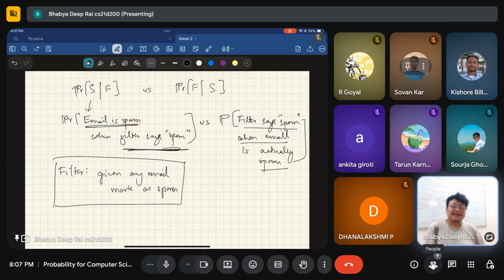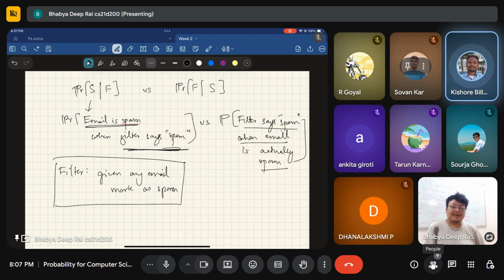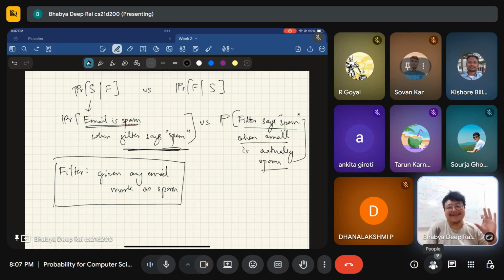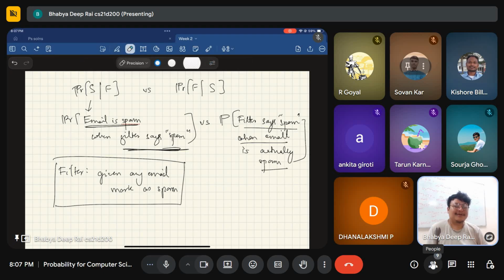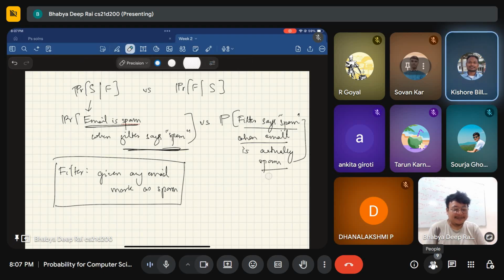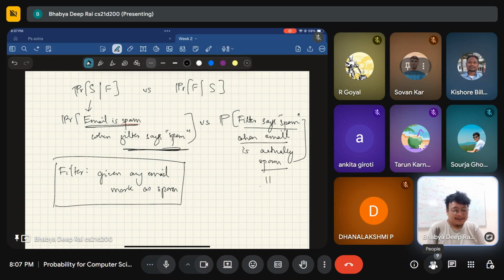Forget about the earlier example. This is a brand new, hopeless filter, which says any email it will mark as spam. Then 100%. When it is actually spam, it also says spam 100%.